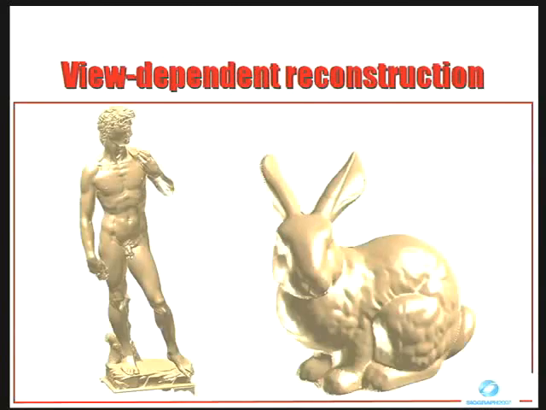The second application is view-dependent reconstruction. So in this case, what we're doing is, when we apply the operator, we transform the set of points, and then we construct the convex hull, and until now, we just used the points that fall on the convex hull.